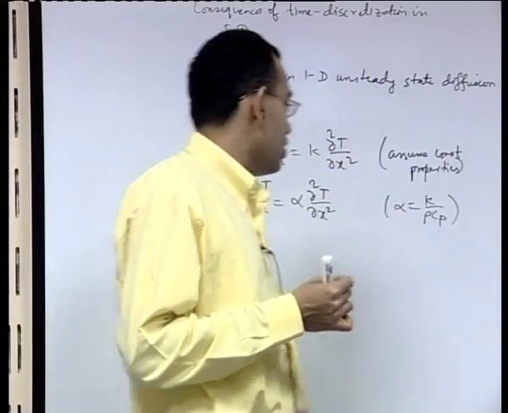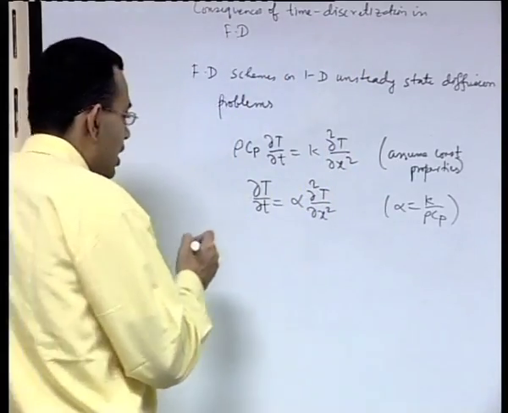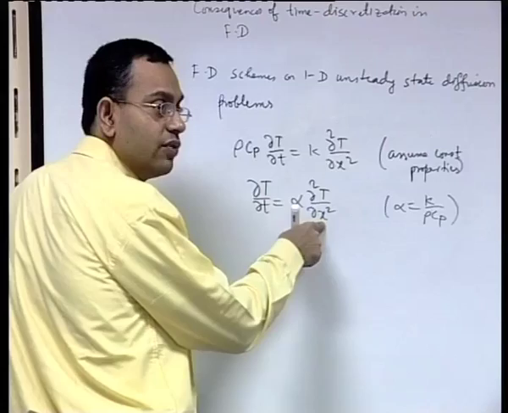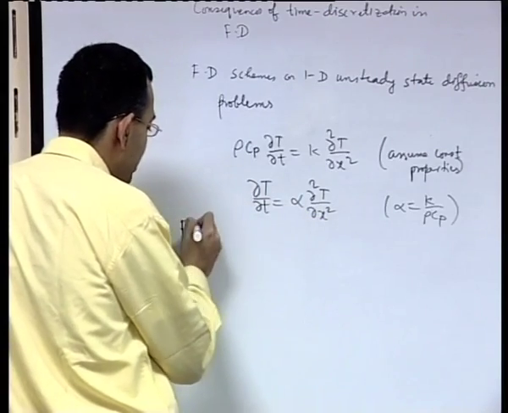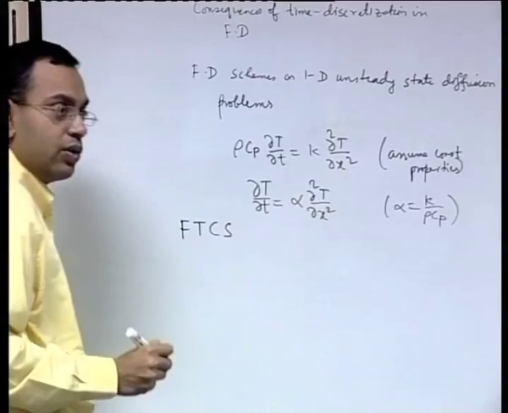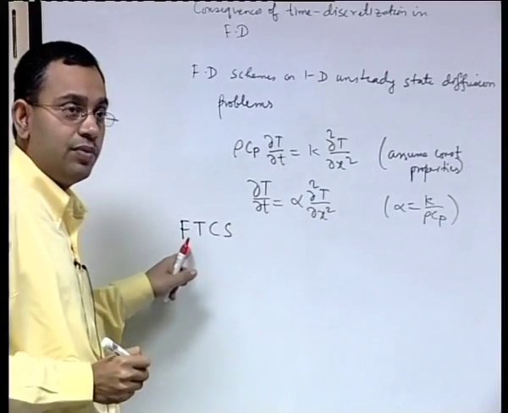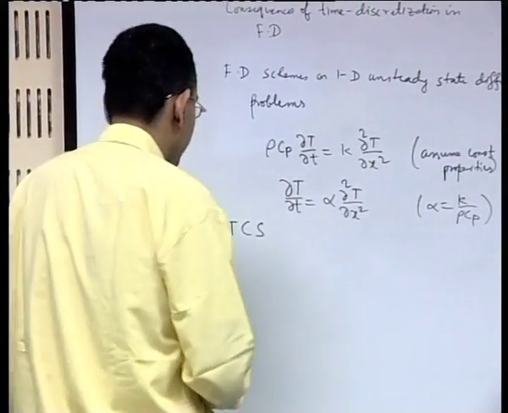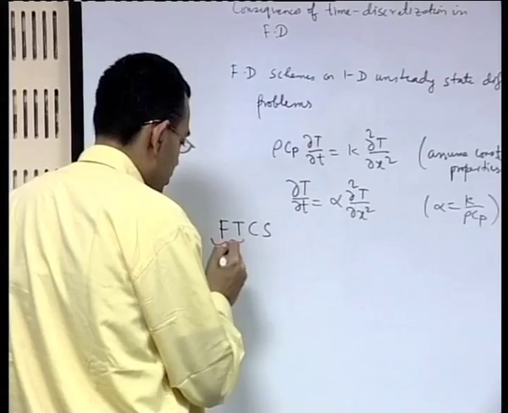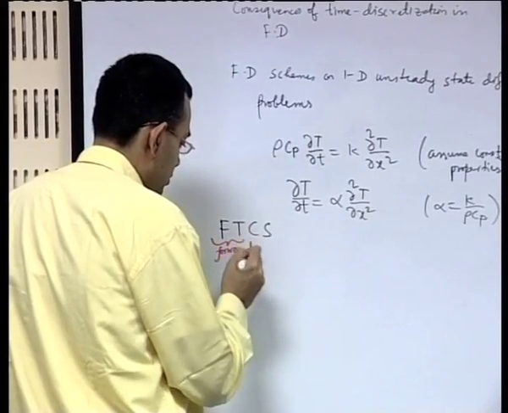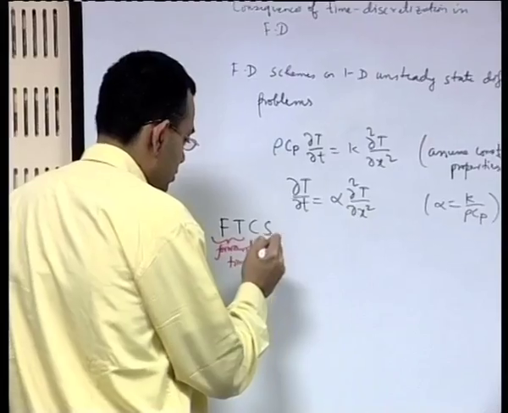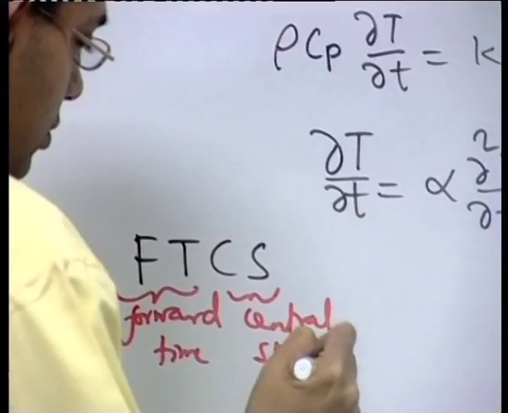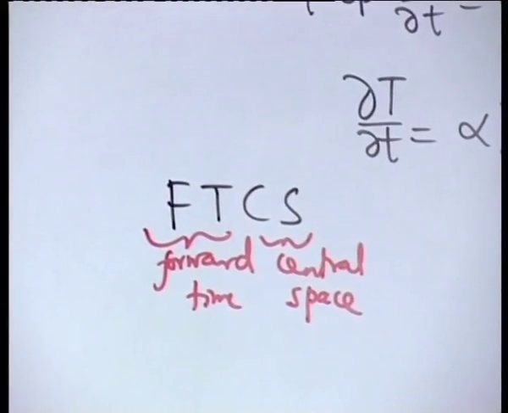So, for example, we can use a forward differencing for time and central difference for space. That we call FTCS, FT for forward time and CS for central space.